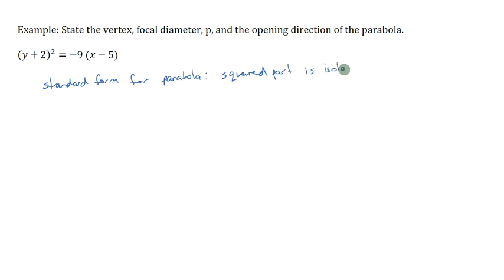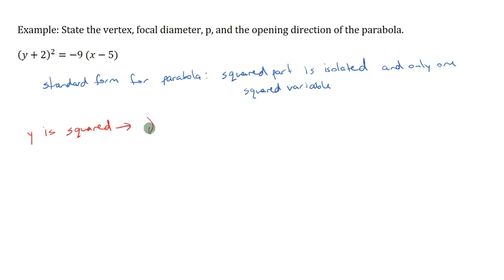It's by itself on the left. The squared part is isolated, and we only have one squared variable. In fact, y is squared.